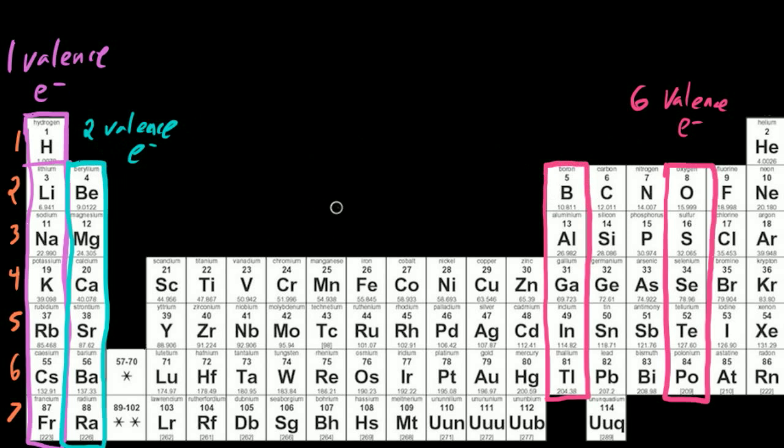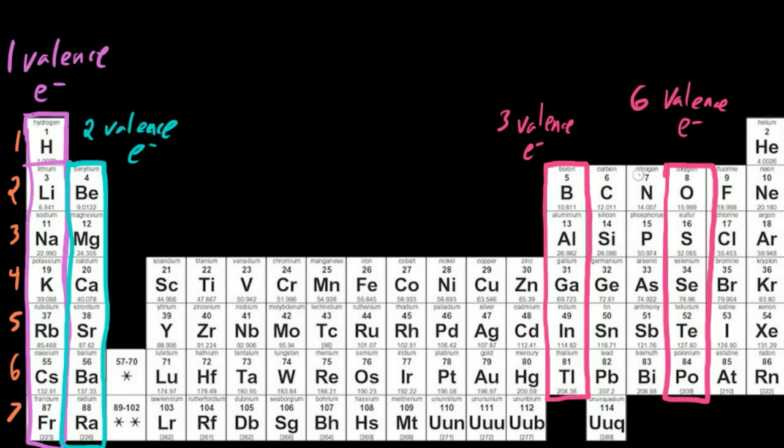We'll talk much more about the D block in the future. But maybe you can see, if you did a few electron configurations for these elements over here, you would hopefully find out that all of these have three. They all have three valence electrons. Or you can also think about that they have three electrons that are available for reaction. They have three electrons that are going to react.